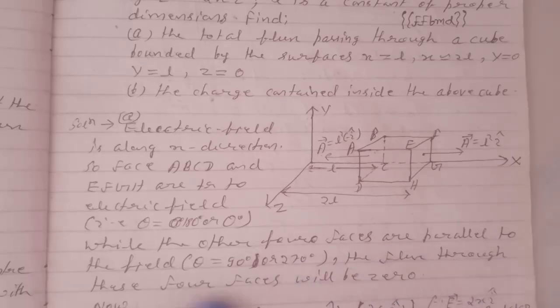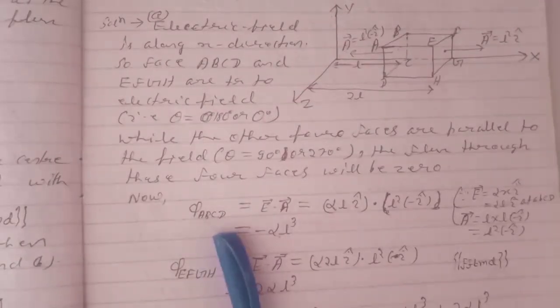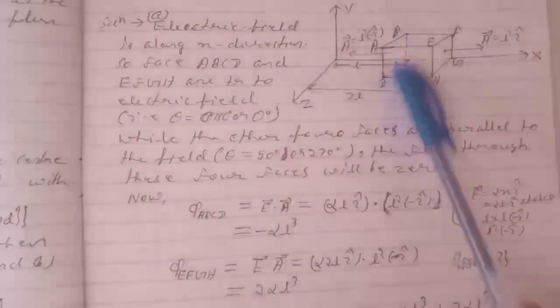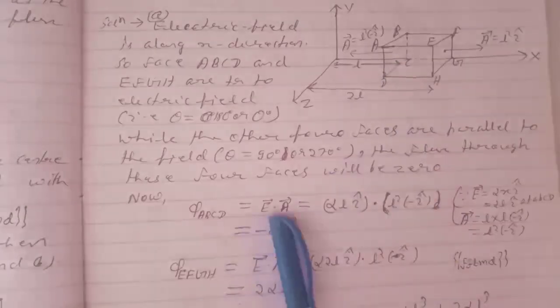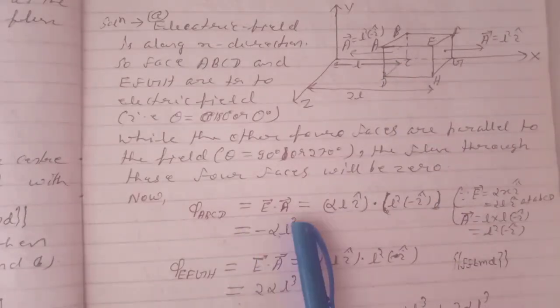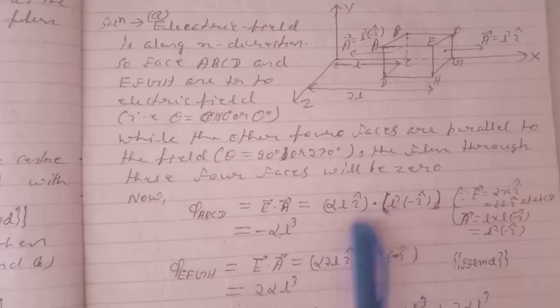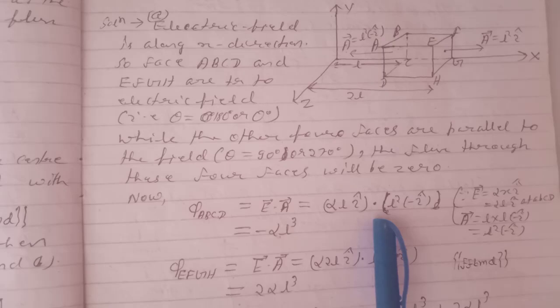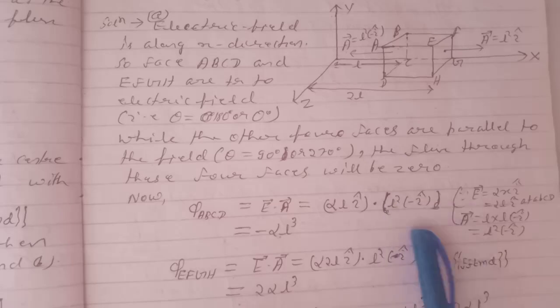The flux through these 4 faces will be 0. Now phi ABCD, that is flux through surface ABCD, will be E vector dot A vector. So here given E vector is alpha into L i cap dot L square into minus i cap.